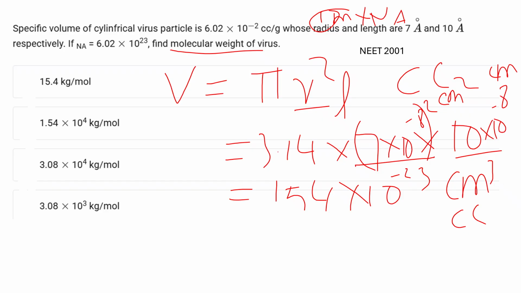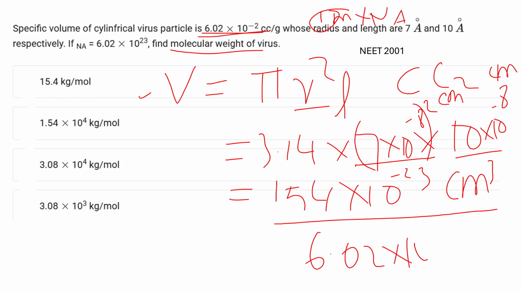Moles is nothing but what? Given weight divided by molecular weight, which means given volume divided by specific volume. This is the given volume. If I divide this volume with the specific volume, 0.62 into 10 to the power minus 2, which is also cc per gram, the cc gets cancelled and gram goes up.